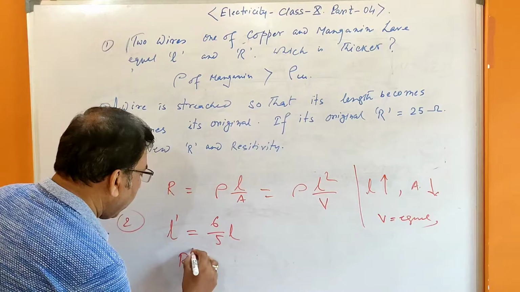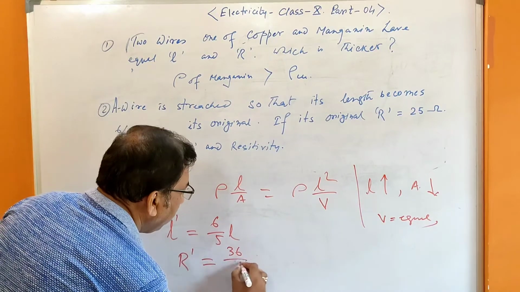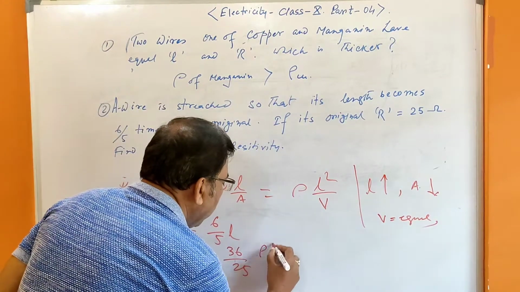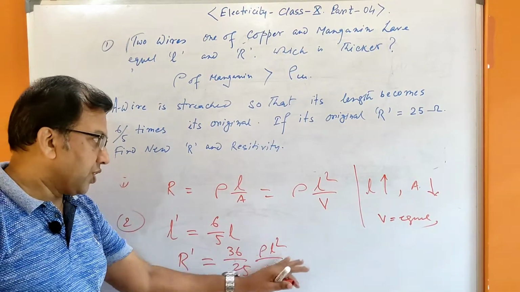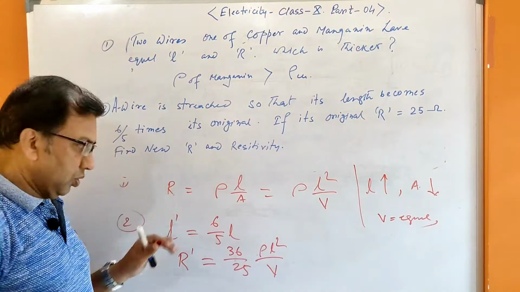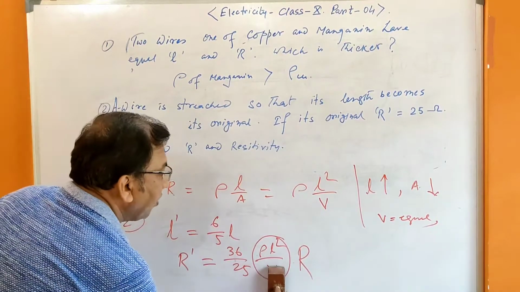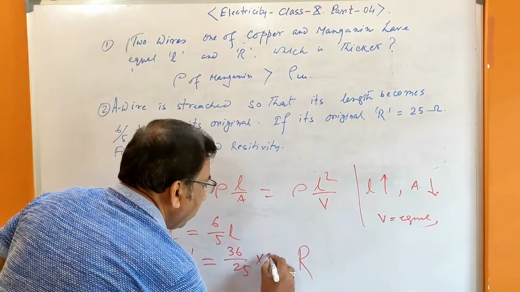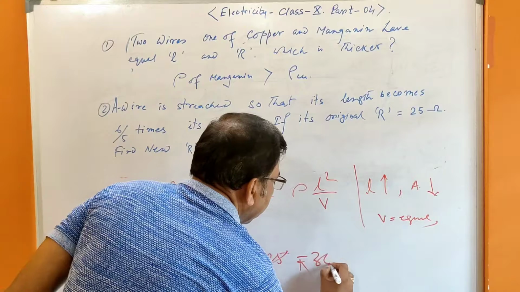So R dash equals 36 by 25 times rho L square by V. We know rho L square by V equals R. So you replace it and write R here. The original R is 25. So R dash will be 36 by 25 times 25, that is 36 ohm.